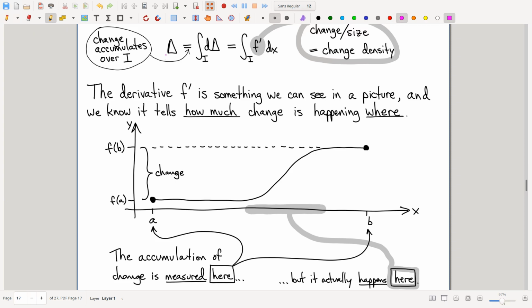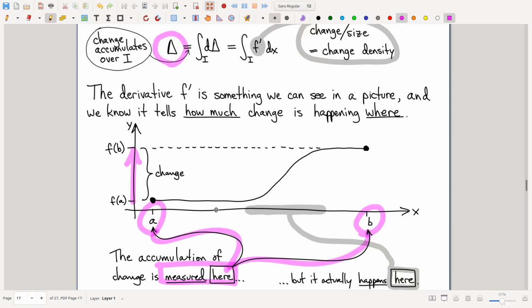We've got change, the total amount that the function changes. Got a graph of our function f here. You can see the value of f starts off at that value, and then it ends up at this value. And so, grand total, the function changed by that amount. And we measure that by looking at the endpoints, right? That's where we measure change.